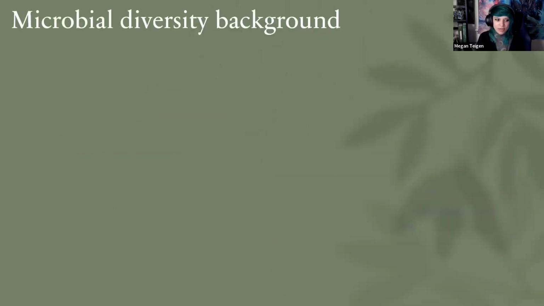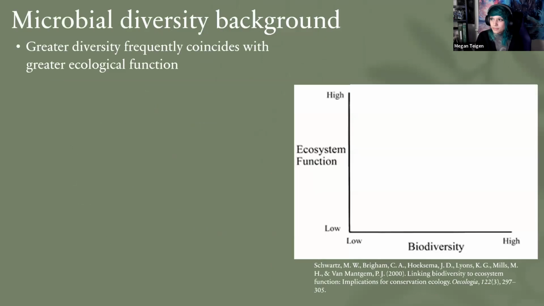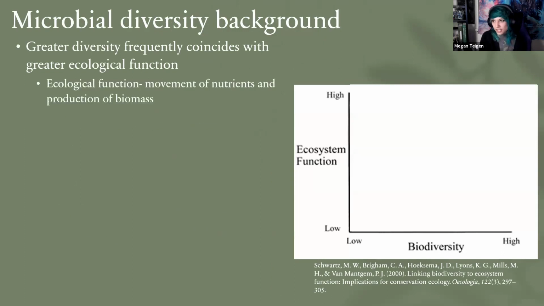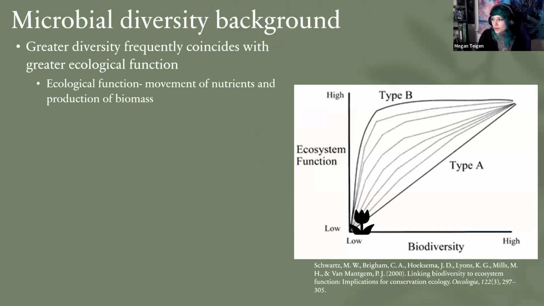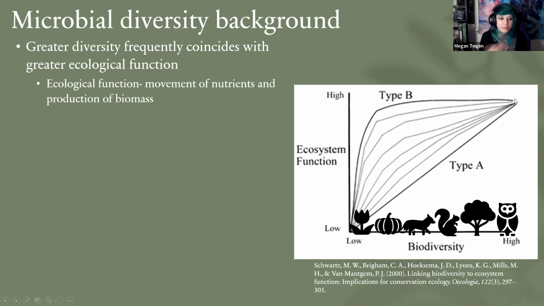So to understand how the microbes do this, we need to understand a little bit about microbial diversity. Oftentimes, greater diversity coincides with greater ecological function. And when I say ecological function, I mean the movement of nutrients and the production of biomass. So oftentimes, low biodiversity will mean low ecosystem function, low movement of those nutrients, and higher biodiversity will often coincide with higher ecosystem function, the higher movement of nutrients and production of biomass.